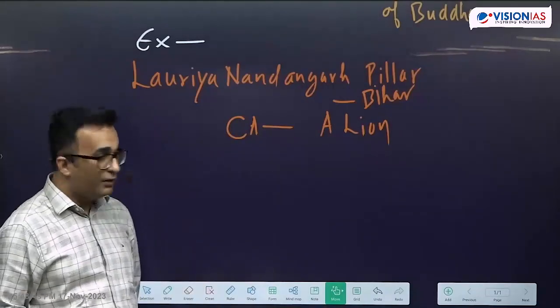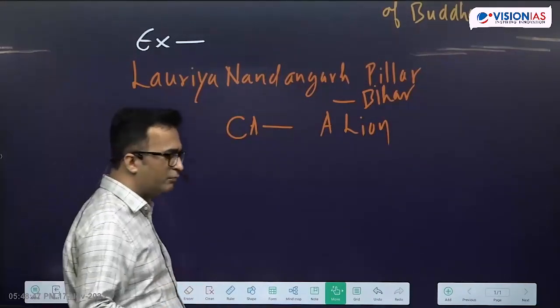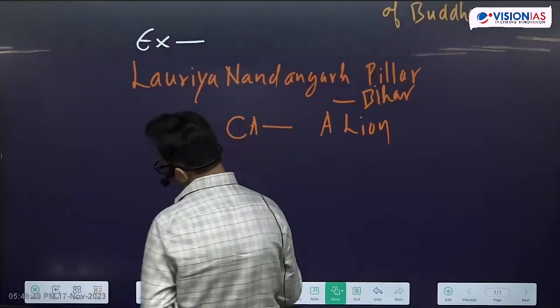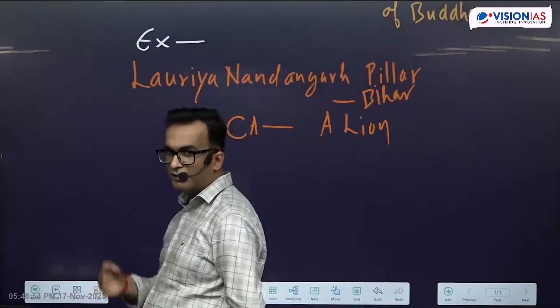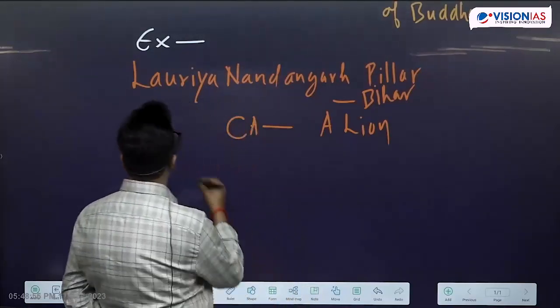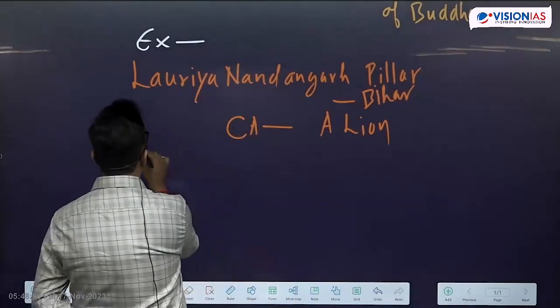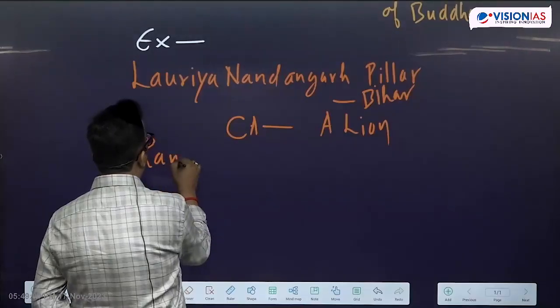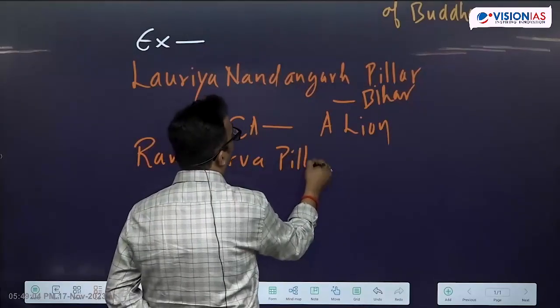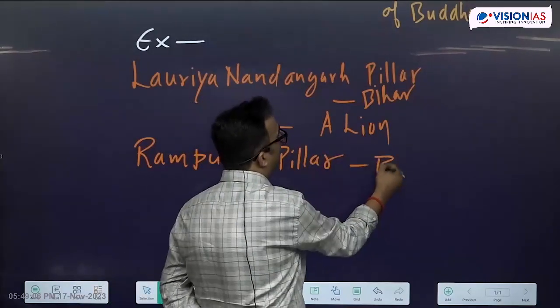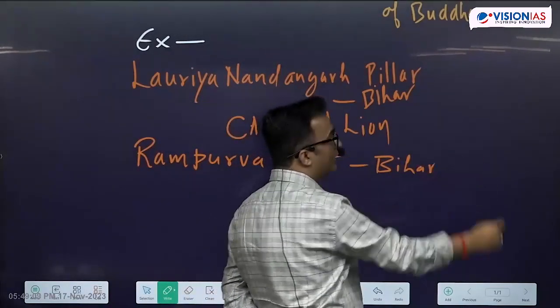So now, when you are moving from the border district of UP to Betia, on the way itself, this particular pillar is there. Now the second one you write: Rampurva pillar.